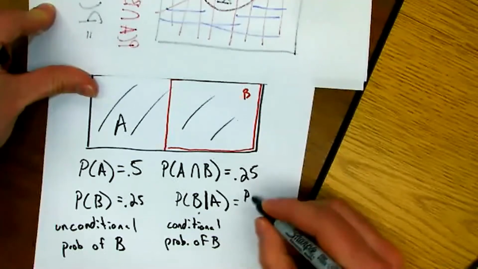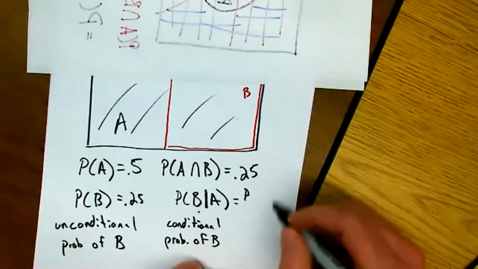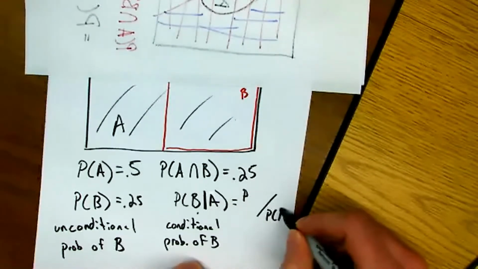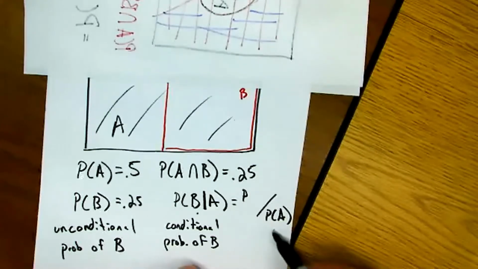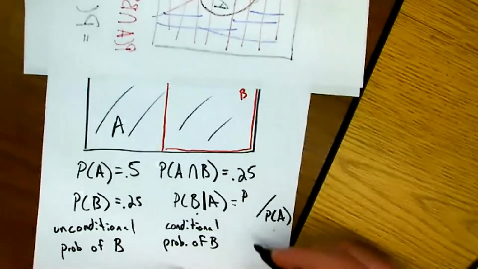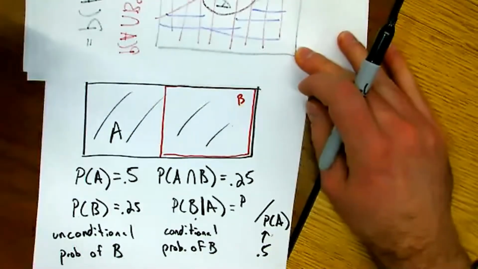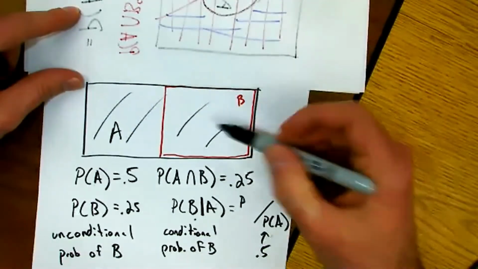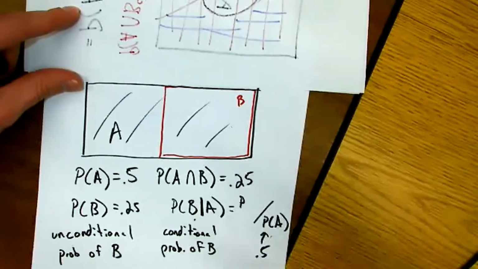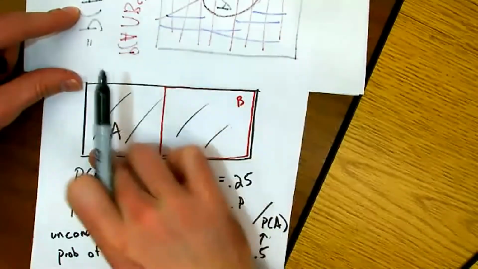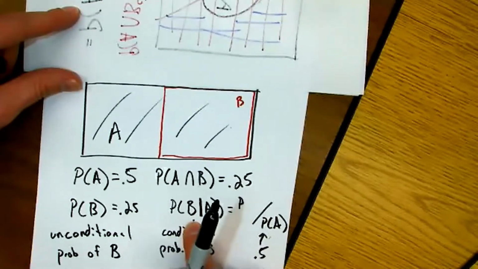So here, we can think about the entire experimental outcome space left as no longer out of one, it's only out of whatever the probability of A is. Right? And now that we know we're somewhere in A, what's the probability that we are in B?